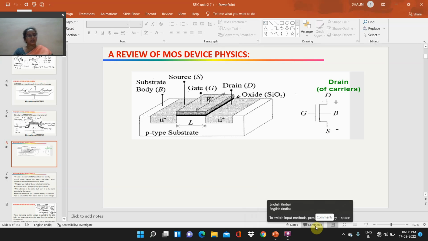So the P substrate is like this: body, substrate, source, gate, drain, and oxide regions.